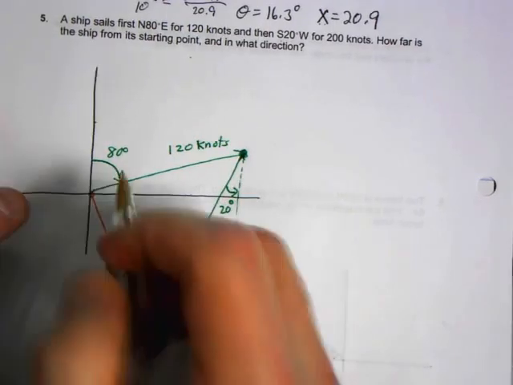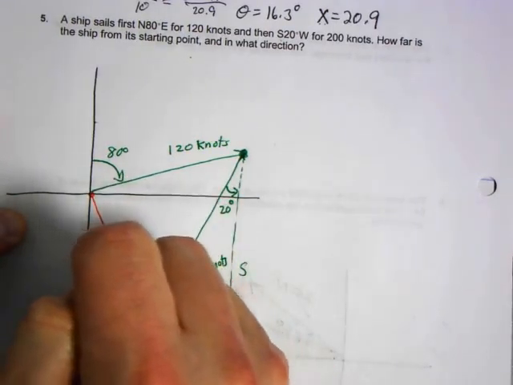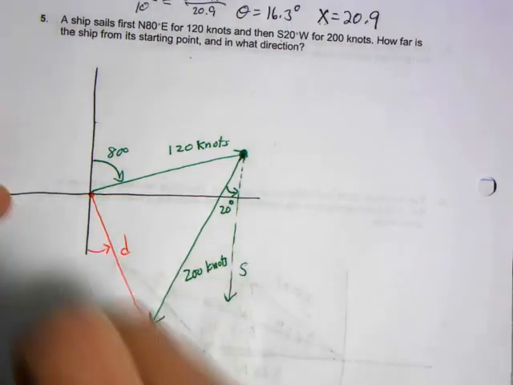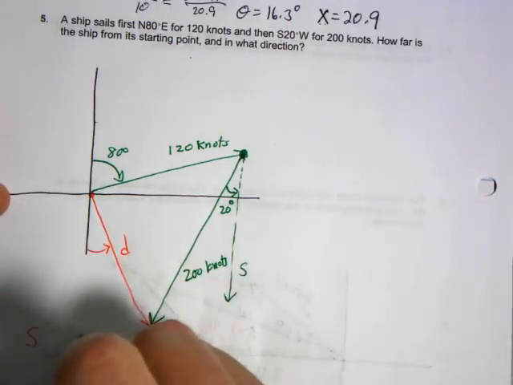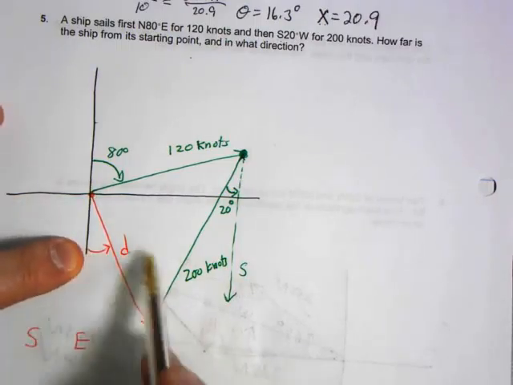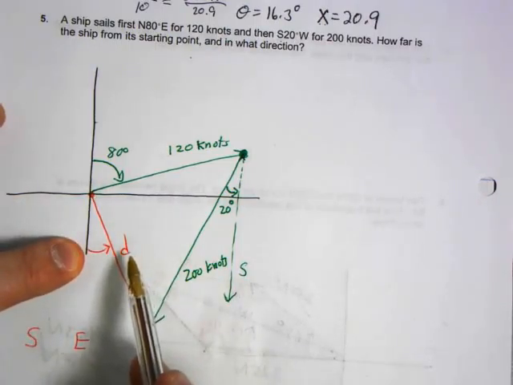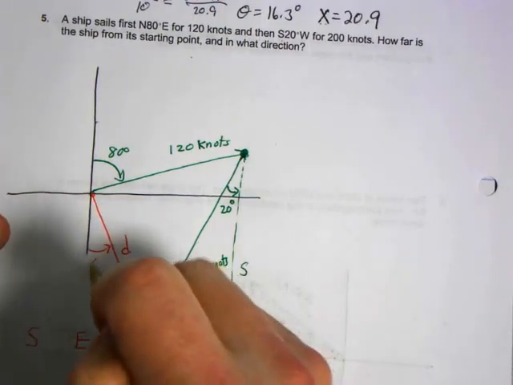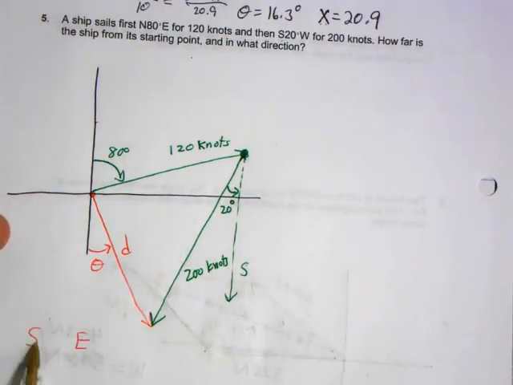I would probably do the direction from here. So that's going to be south something, then towards the east, right? Because this is due south, this due east is towards the east of that. So we need to find this angle theta. We would describe it as south, whatever that angle is, east.